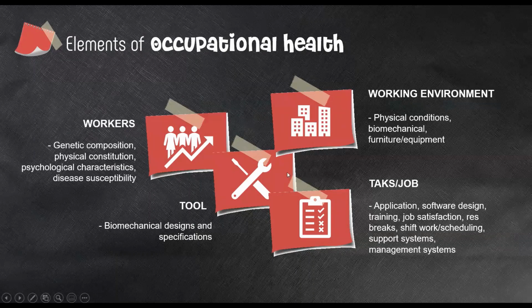Why? Because these elements are what the employees are exposed to on an almost daily basis. With workers' health, class, the employers can regulate this aspect. That is why there are medical exams prior to hiring employees, because the employers want to ensure that they are hiring healthy employees.